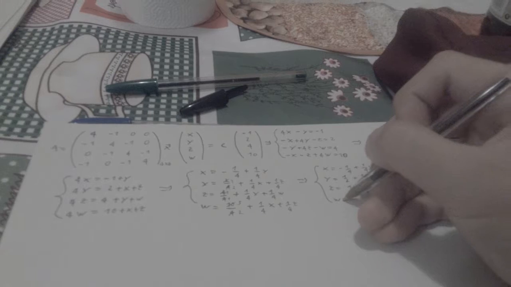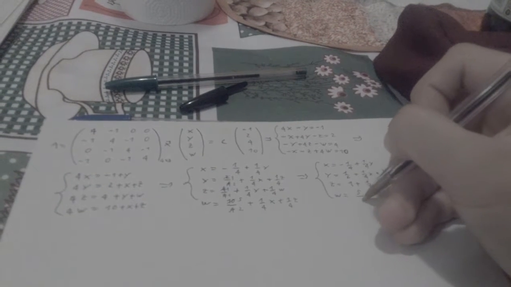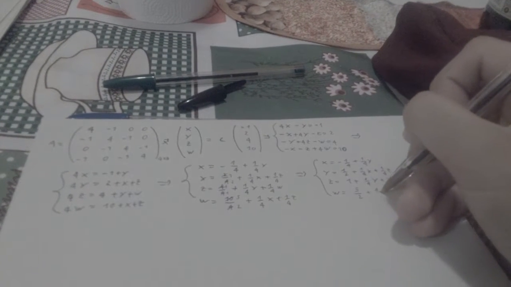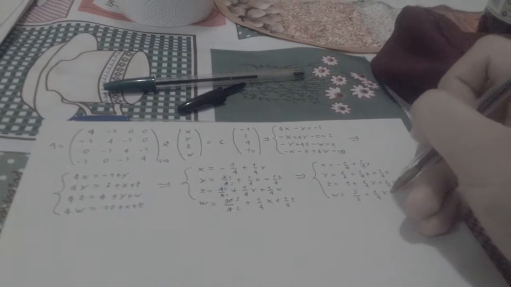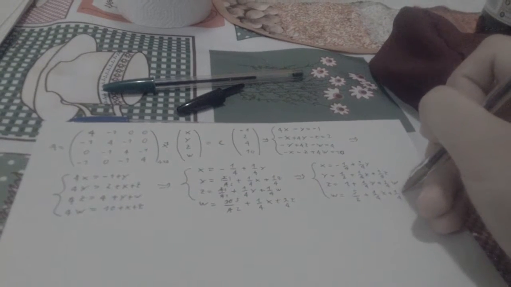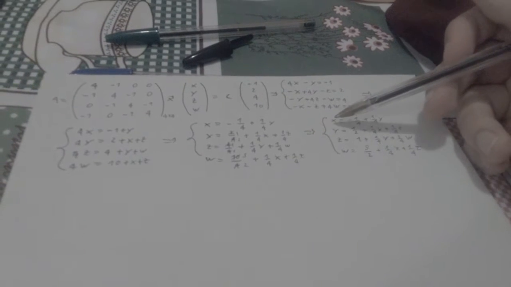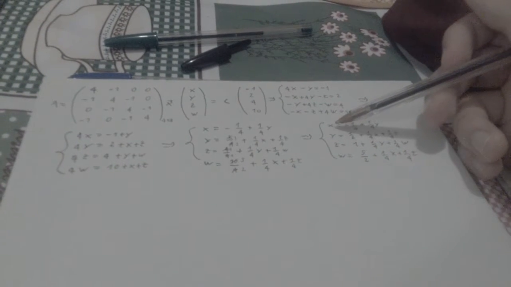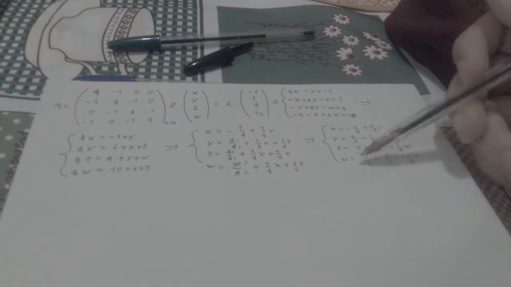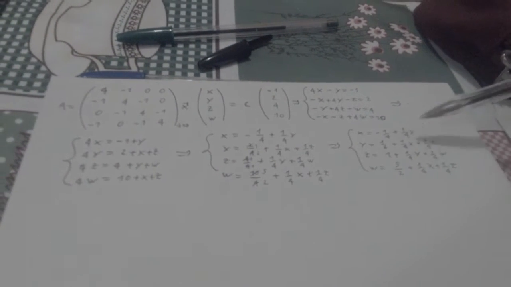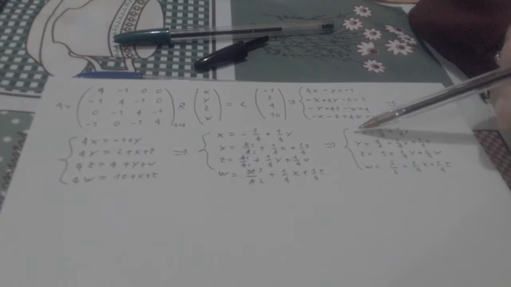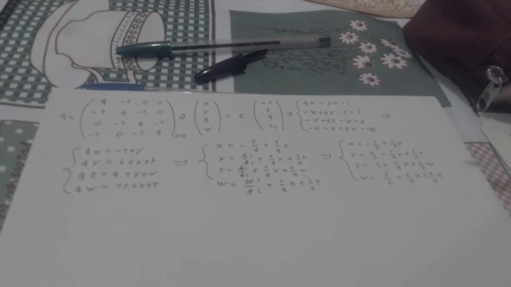And then w is 5 over 2 plus 1 over 4 x plus 1 over 4 z. So those are our variables. I basically got x, y, z, and w from each equation, and I didn't actually solve anything. I just got them as functions of other variables.